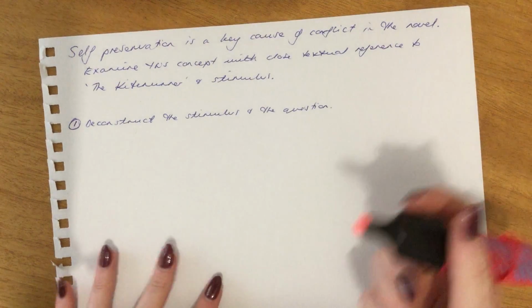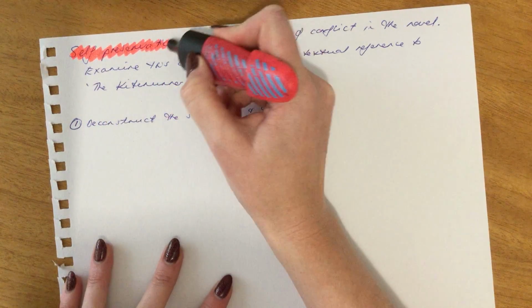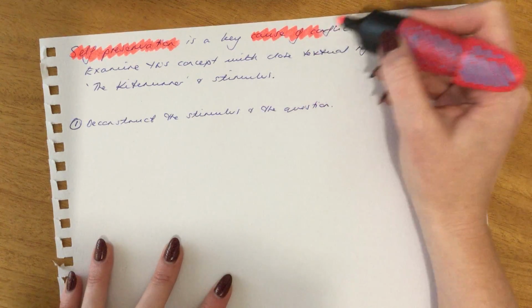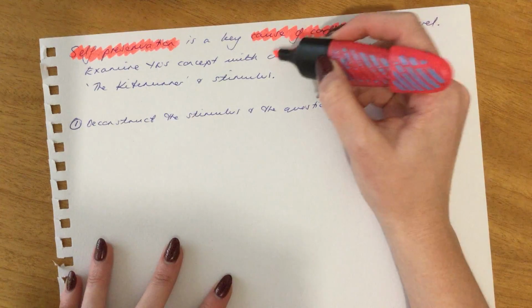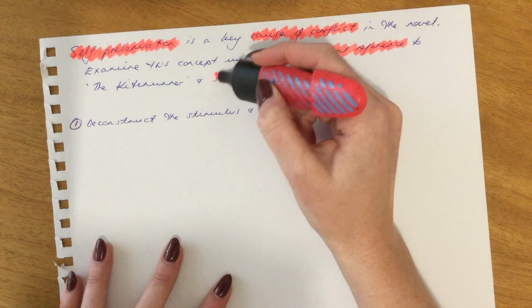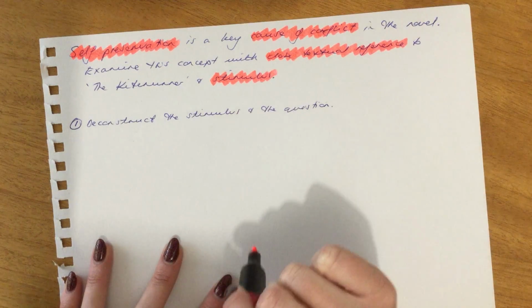For me, I would be looking at self-preservation as a key term, and cause of conflict. You just want to be aware that you're doing close textual reference to the actual novel, but you do need to be referring to your stimulus. All right, that's really, really important.